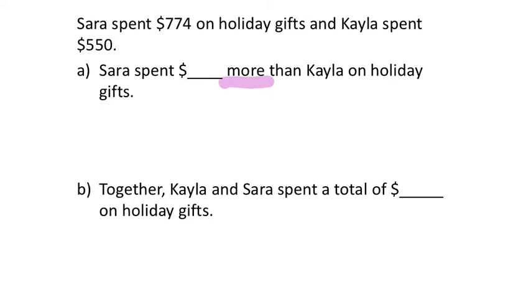While usually that may sound like it would be more of an addition problem, right? Sara has, for example, $774 here, and Kayla has $550. But it is asking how much more Sara spent here.